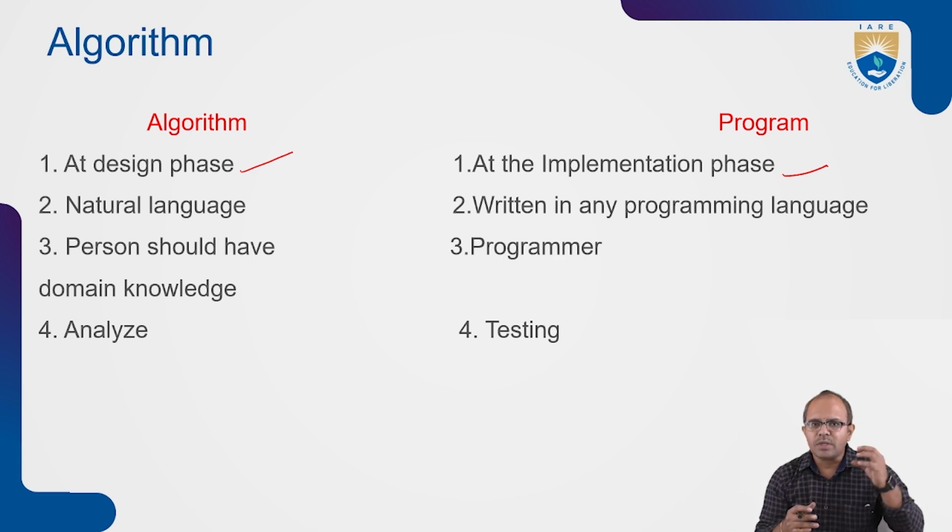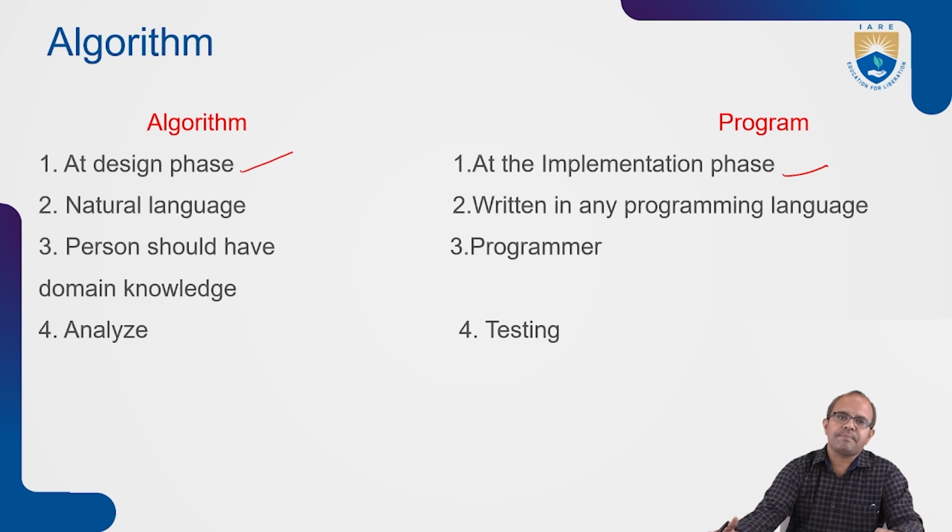Without designing, without having an idea towards the problem, you cannot provide a solution to the stated problem. So what is required here? Algorithm is at the very initial phase of your problem towards giving a solution to the specific problem.